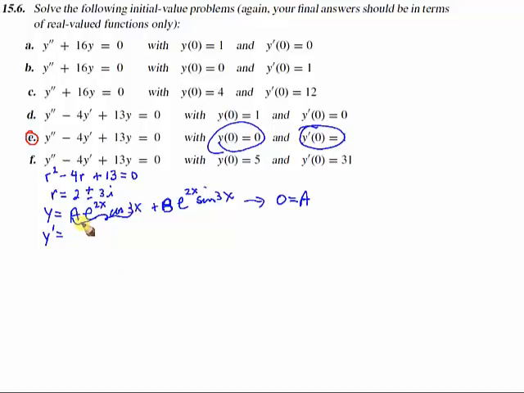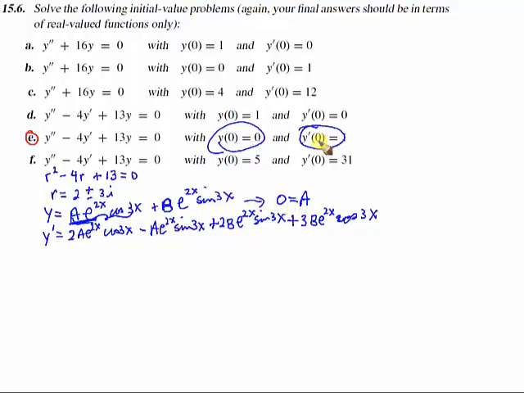This is not going to be nice looking, but we've got the derivative of a e to the 2x, which would be 2a e to the 2x, cosine 3x, plus, bring down the a e to the 2x, do the derivative of cosine 3x, that would be negative a e to the 2x sine 3x, and then product rule here, the derivative of b e to the 2x would be 2b e to the 2x plus, bring down the b e to the 2x, the derivative of sine 3x would be 3 cosine 3x.